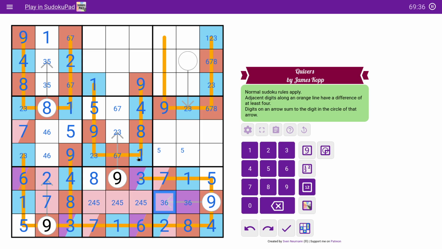No 3. Really thought I'd get more out of that. Of course, this is 2, 3, 2, 3.